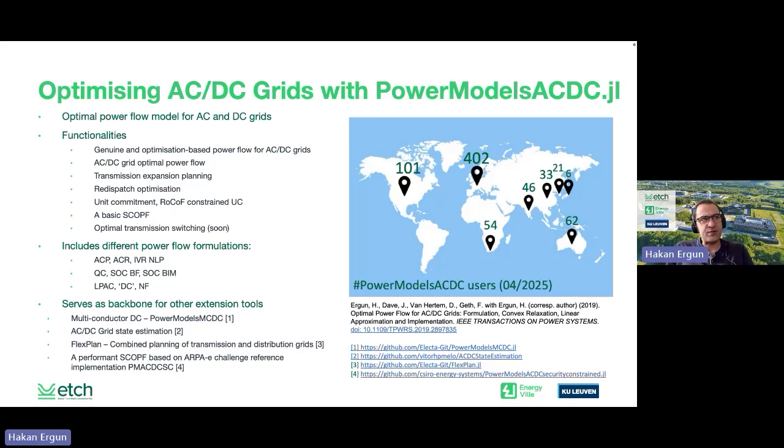It is also used as part of an ACDC grid state estimation tool, a tool called FlexPlan that was developed in a European project, which looks at combined expansion of transmission and distribution grids, and then also a quite performant security constraint optimal power flow model, which was built based on the ARPA-E grid challenges reference implementation.